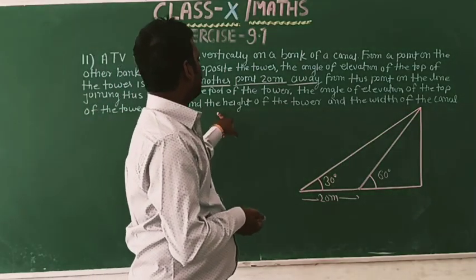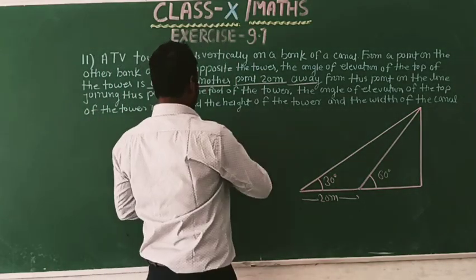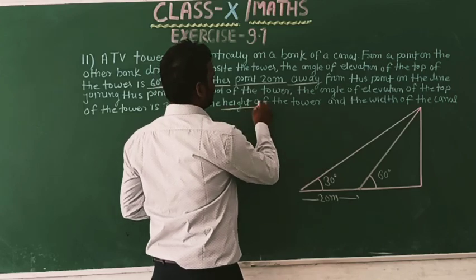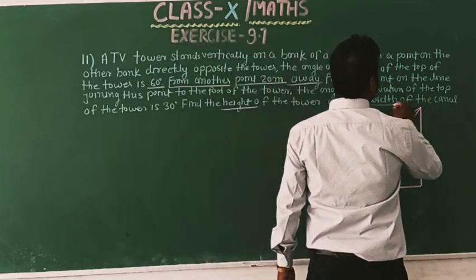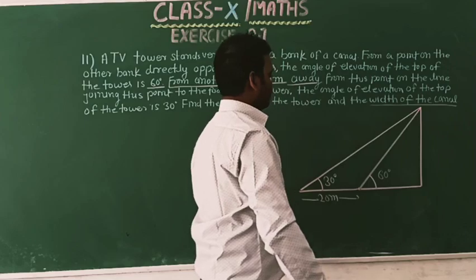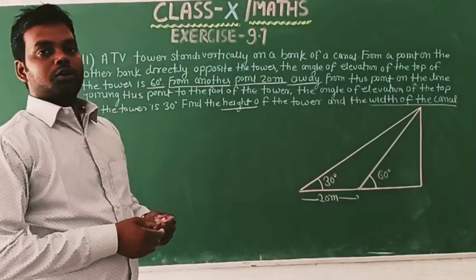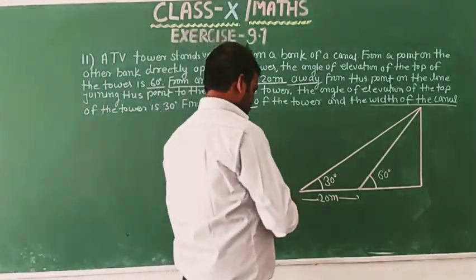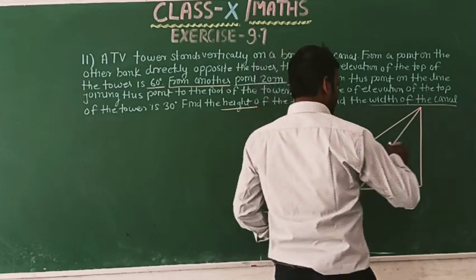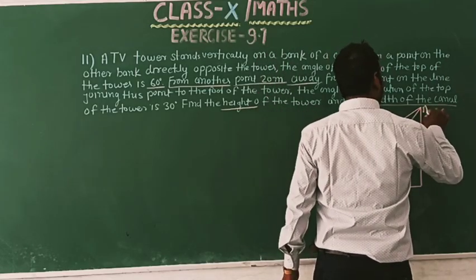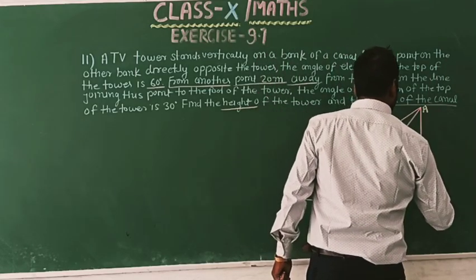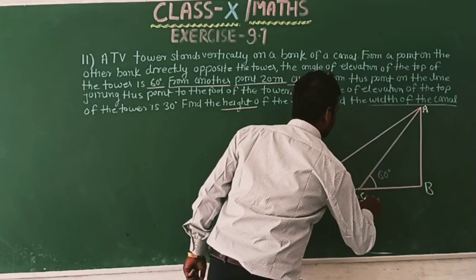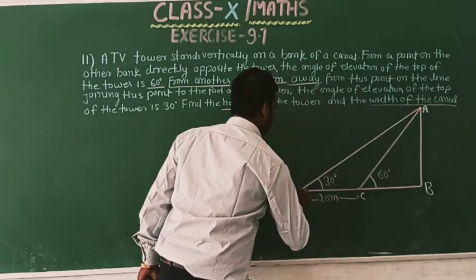Then we need to find the height of the tower and width of the canal. So suppose the points are A, B, C and D.